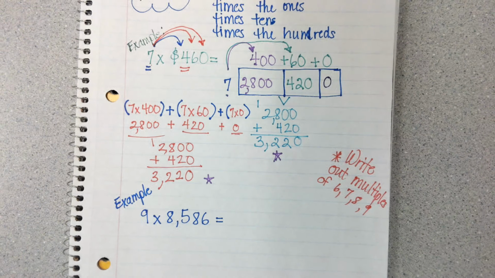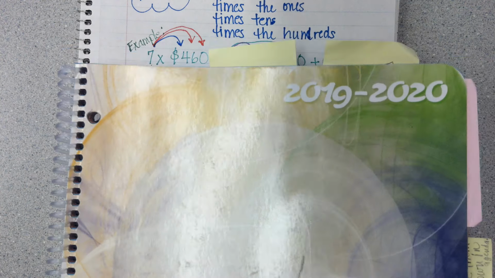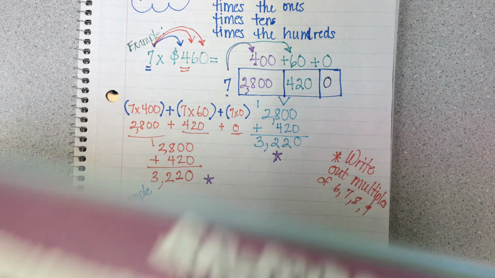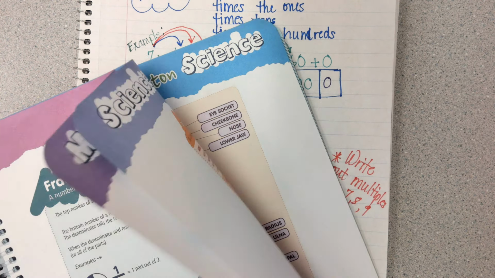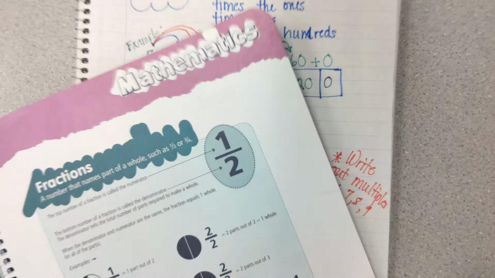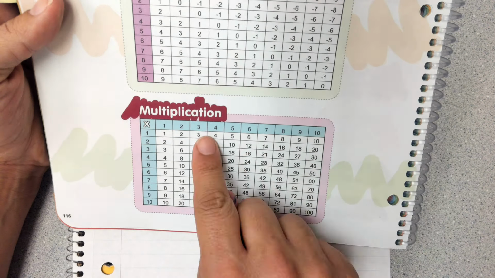Well, when we're talking huge numbers like this, I think that would be a good thing to use. Now, if you don't have one of those lying around, which chances are you don't, maybe you saved your old agenda. And if you are resourceful and you go to the back of the book and you go by subject, you're going to see we have science, we have math, and whoa, yay, my favorite, the multiplication chart.